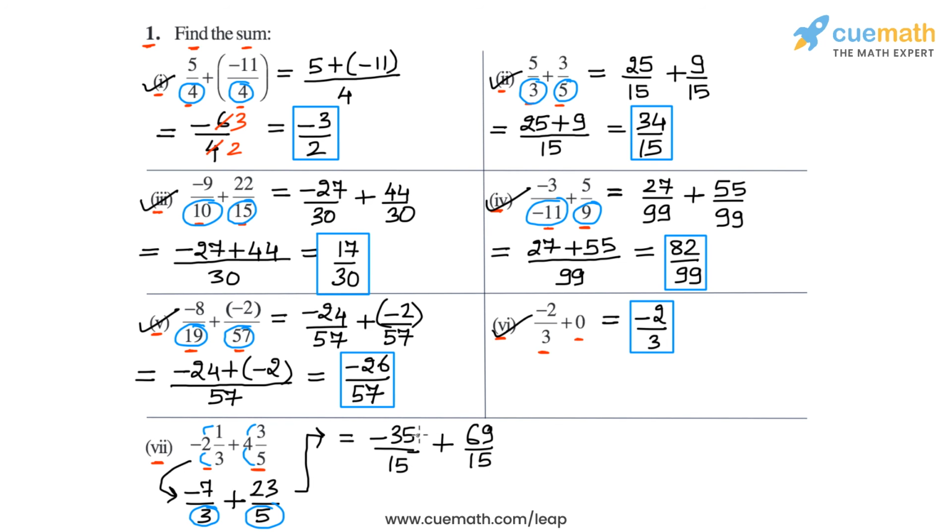Okay. And now we can add the numerators. So this will be equal to minus 35 plus 69 by 15. Minus 35 plus 69 is 34. So we get 34 by 15. So in part 7, the sum is 34 by 15. So that completes part 7. And with this, we have completed question number 1.